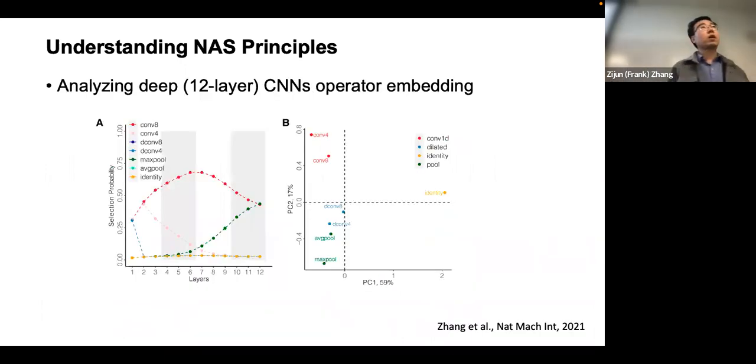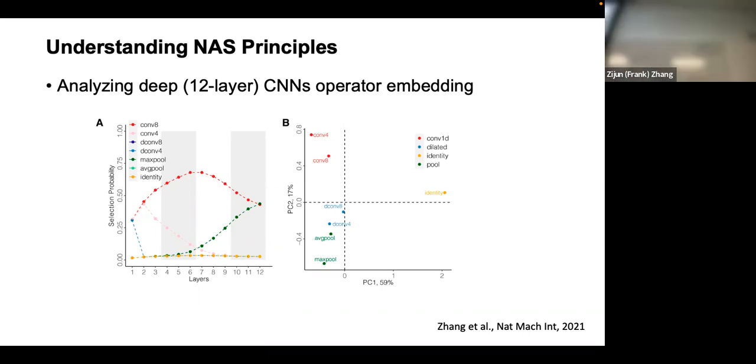I just want to follow up on this idea with a few publications or papers that are under preparation. For example, here we're analyzing these 12-layer deep residual convolutional neural networks, and we're visualizing the selection probability for each of those different operators from the first layer all the way to the 12th layer.